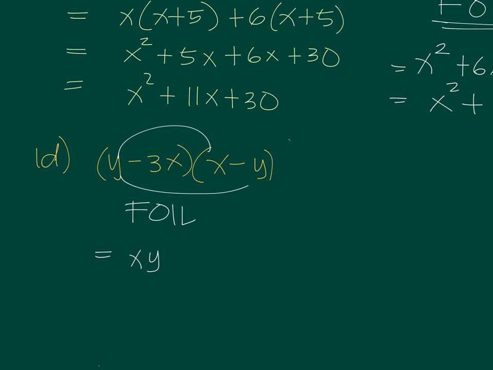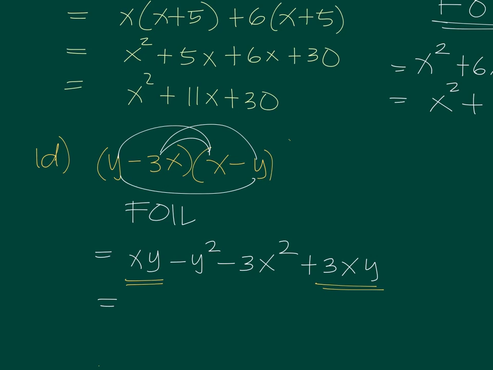Outer is negative y squared. Inner is negative 3x squared. And then the last is positive 3xy. And then you might want to combine like terms. xy and 3xy will become 4xy, and then minus y squared minus 3x squared.